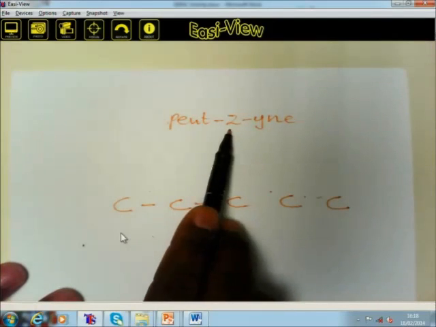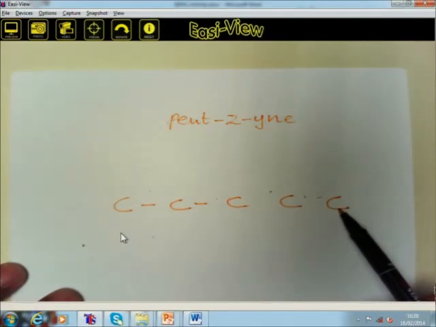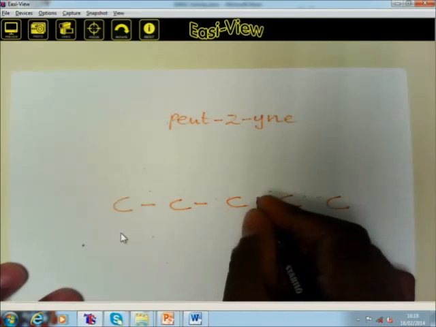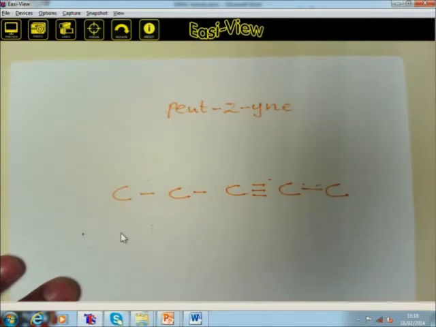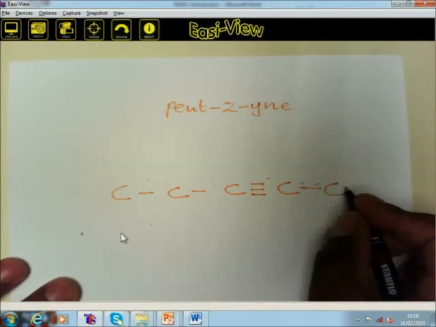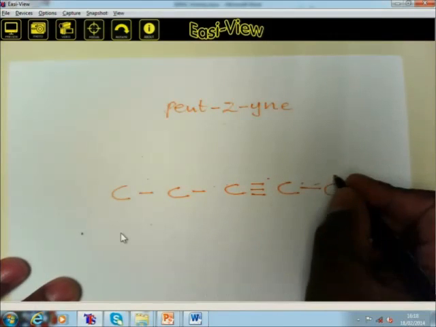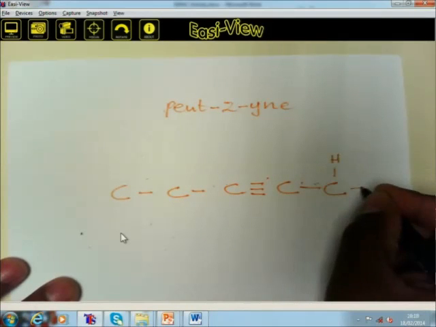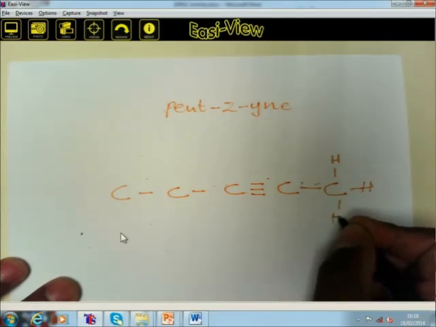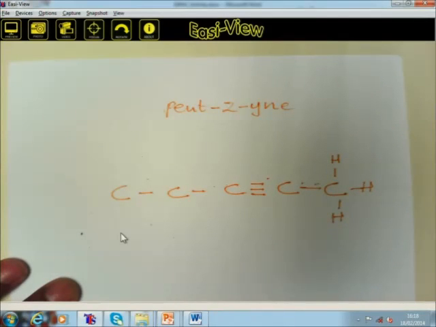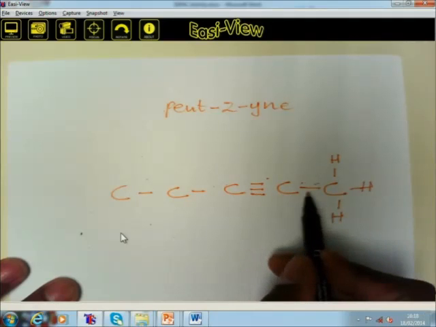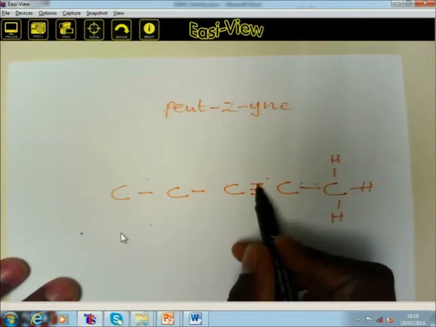Therefore, after carbon number 2, I can count from there and say 1, 2. After carbon number 2, I've got a triple bond, and then there will be a single bond there. So this will be the structure for pent-2-ine. But then it's not a complete structure because it must also contain the hydrogens. Remember, I said to you, if you do not indicate the hydrogens, you will be penalized for that. So the second carbon, I've got 1, 2, 3, 4 bonds.